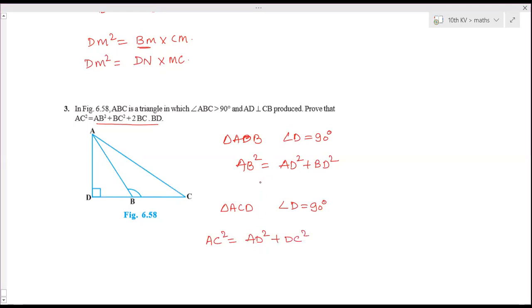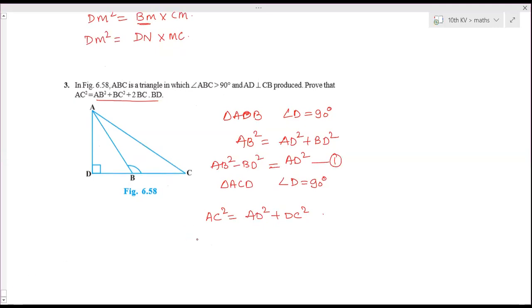Now calculate the AD square value from this equation: AD square is equal to AB square minus BD square. Substitute this value in the second equation. AC square is equal to AB square minus BD square plus CD square.